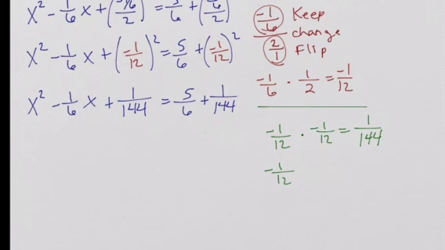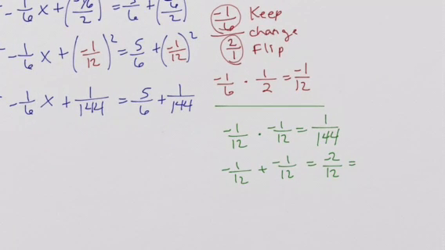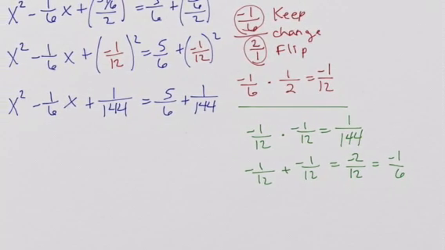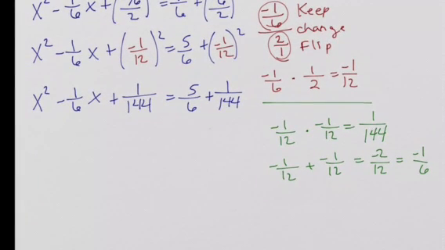But if we took negative 1/12 and added it to itself, we get negative 2/12, which gives us that negative 1/6. If we look back at our problem, that's what had to add in the center. So we found that negative 1/12 times itself and added to itself gives us the numbers that we needed.